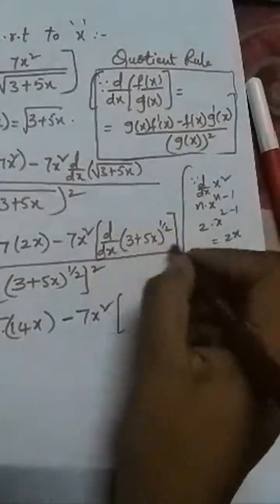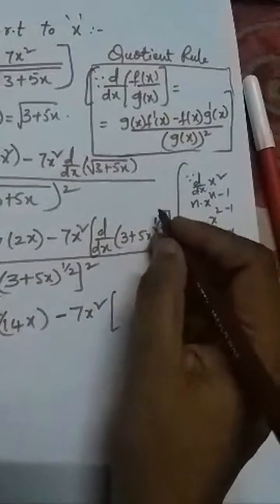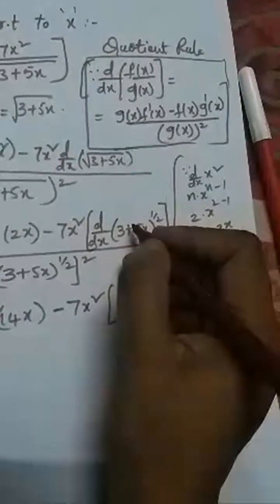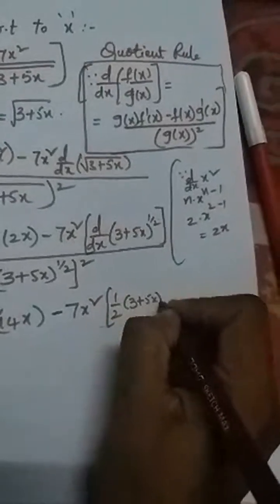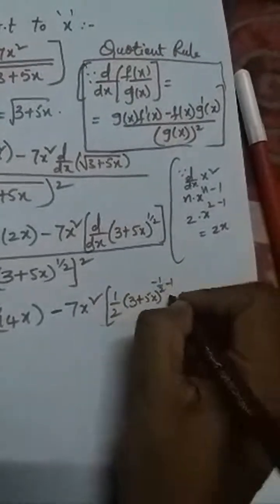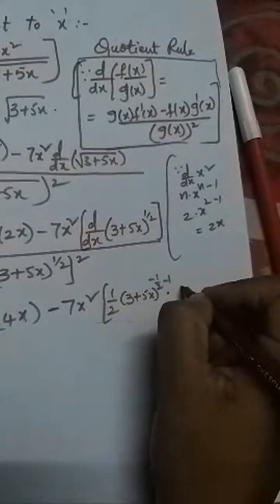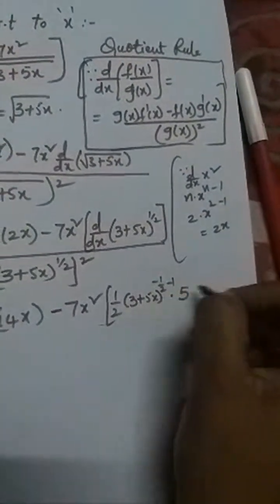Minus 7x square, d by dx of this one. This is n whole power 1 by 2, which is again the power rule. 1 by 2 into 3 plus 5x whole power 1 by 2 minus 1, into the derivative of 5x. 5x gives 5.